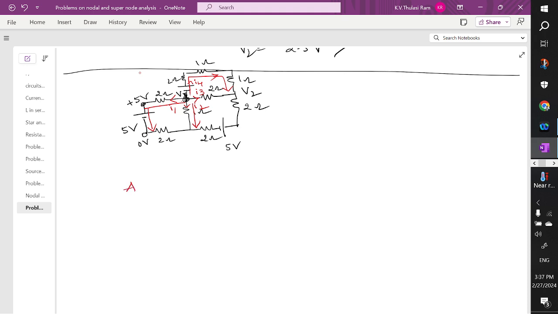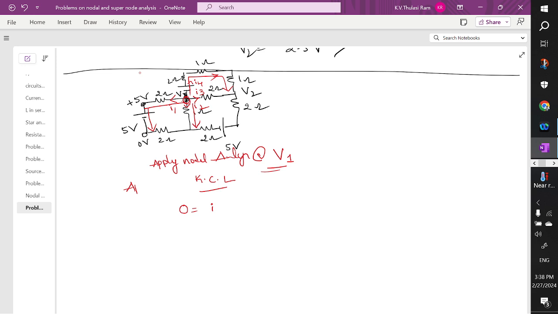So let's apply nodal analysis at node V1. Applying nodal analysis is nothing but applying Kirchhoff's current law. So is there any entering current as per assumption? No, zero entering current. What are the leaving currents?